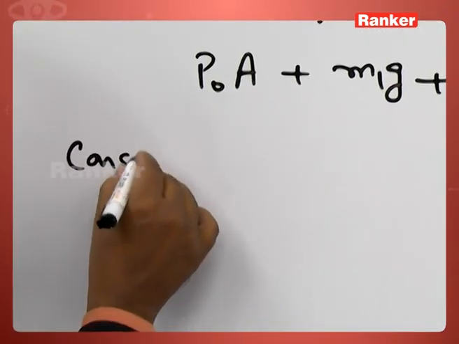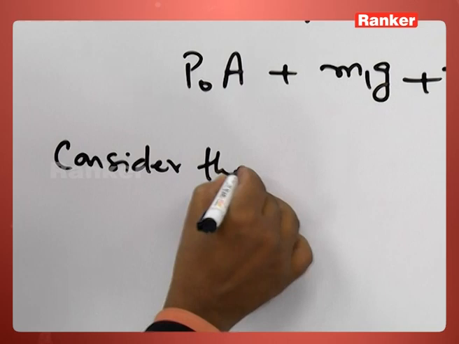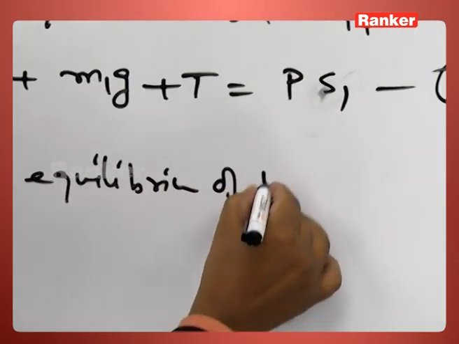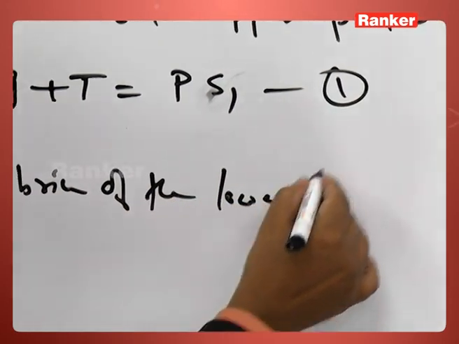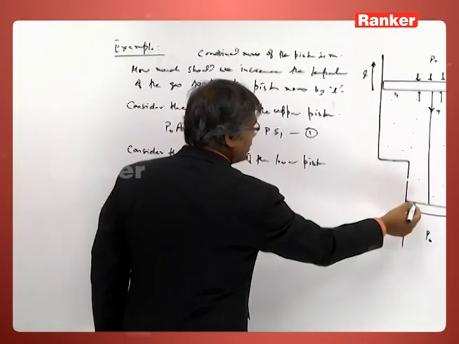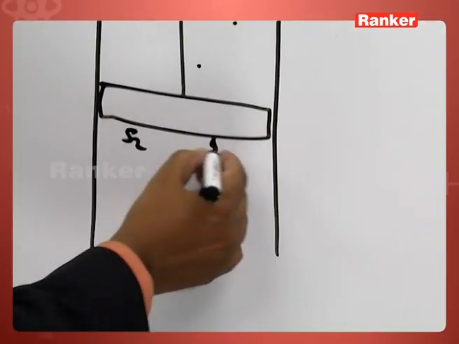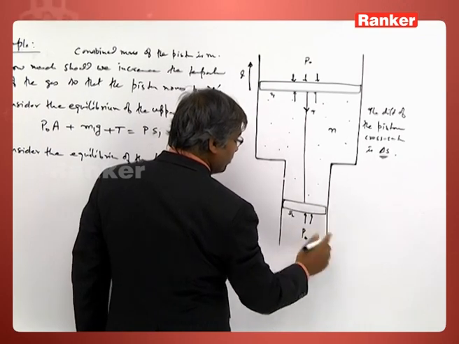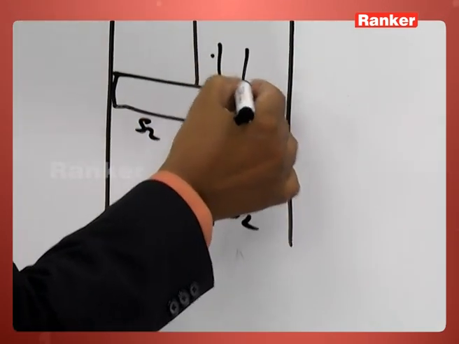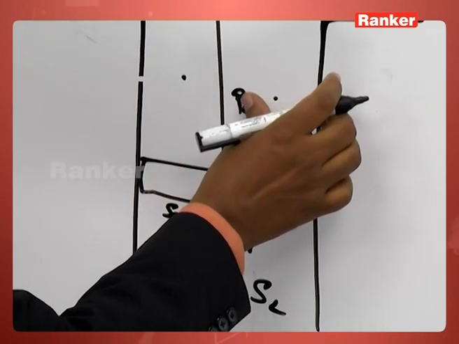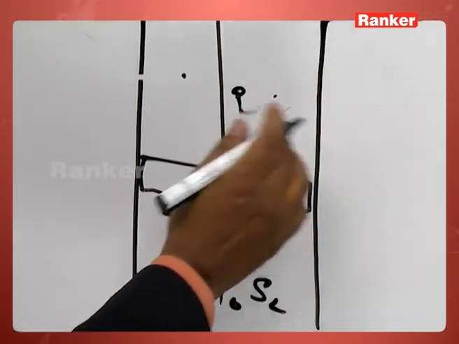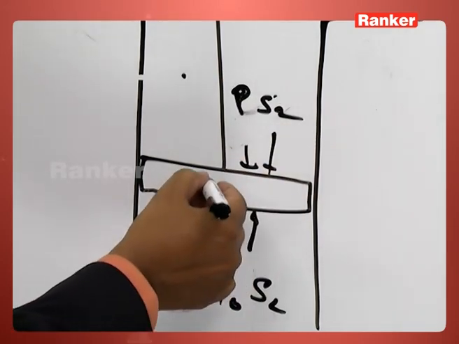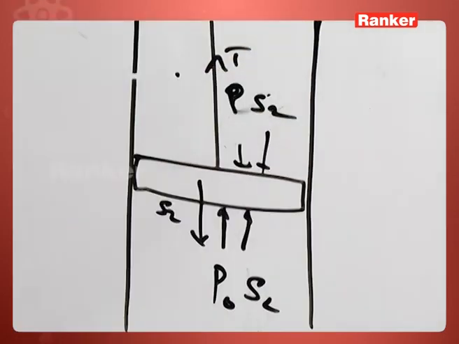Also consider the equilibrium of the lower piston. Here P naught is the external pressure, the force is P naught into S2, and the internal pressure is P. So P into S2 is the force from the gas, the weight is acting here and the tension is acting here.